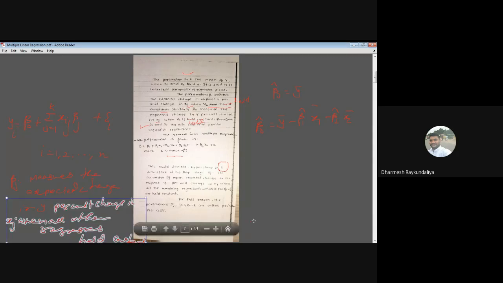Okay, so बाकी के regressors क्या है आपके? Constant है, तब की बात करेंगे. So that is how beta j is also known as a partial regression coefficient.